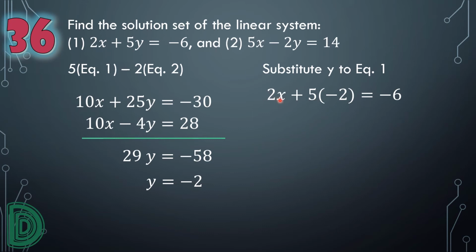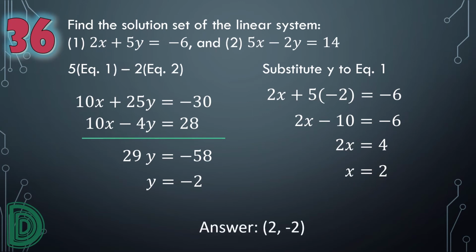That will be 2x plus 5 times negative 2 equals negative 6. 5 times negative 2 is negative 10. Adding 10 to both sides, we have 2x equals 4. Then, divide both sides by 2, x equals 2. Therefore, the solution of the system is (2, negative 2).